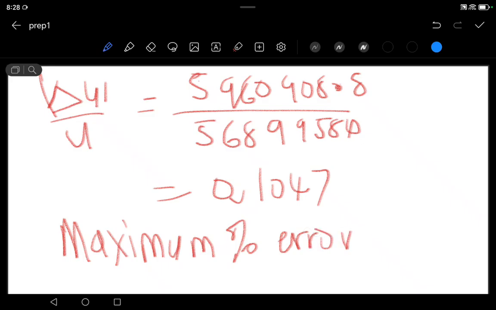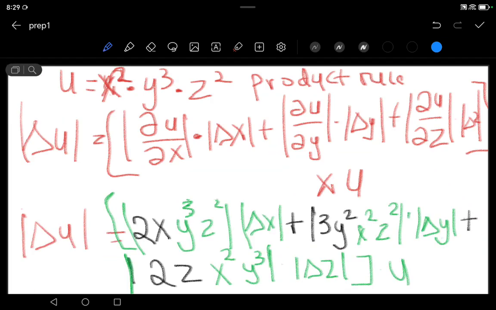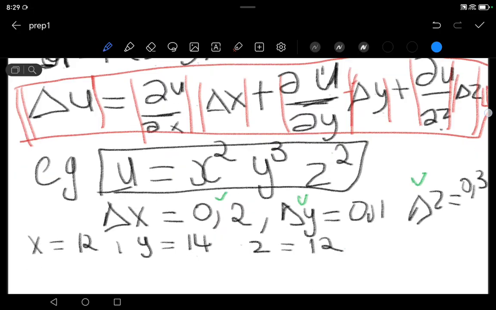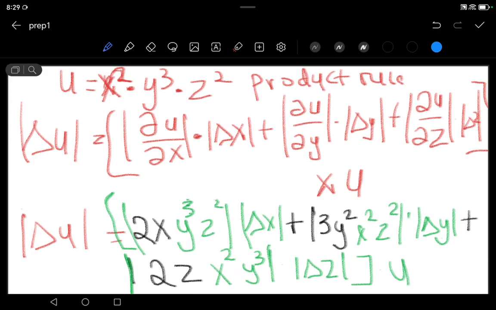So it's gonna be 0.1047 multiplied by 100, and then you get your answer as 10.47 percent. So yes, this is the maximum percentage error. When they say maximum percentage error, you just have to know how to derivate, and then you substitute. That's it.